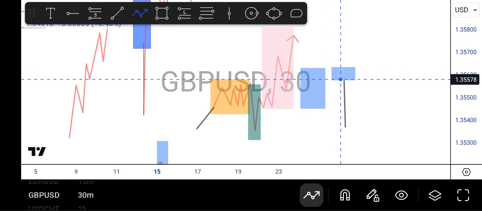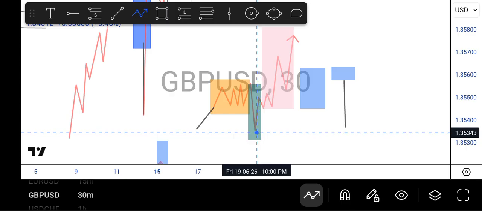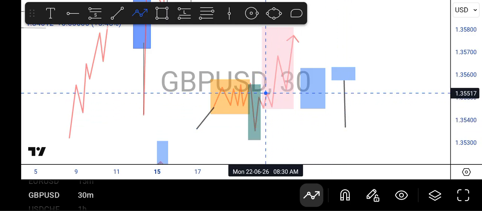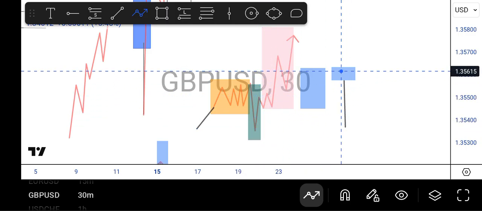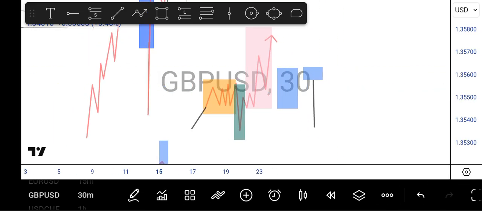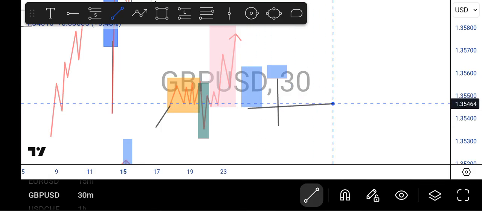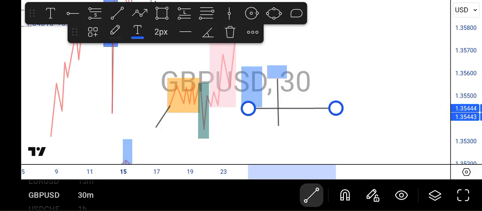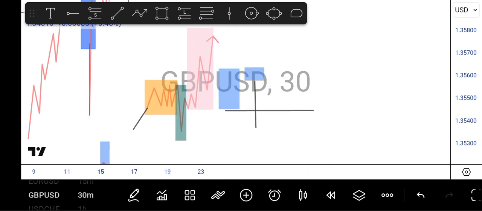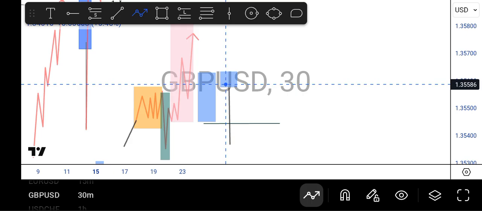What I'm looking for is any kind of manipulation. So when you look at here, price manipulated, and where did it close? You look at the candle, it closed there. So if this one is on the 4-hour time frame, my next buyers is telling me that we've had a sweep of this low, and what I'm looking for is to take the price above. That is if we are bullish, and today price action was bullish.